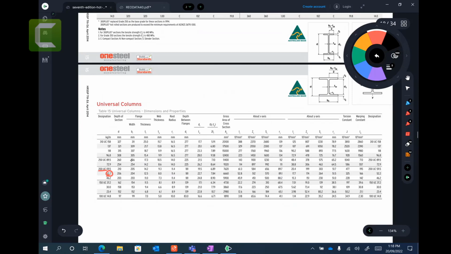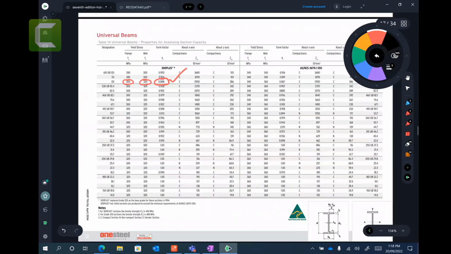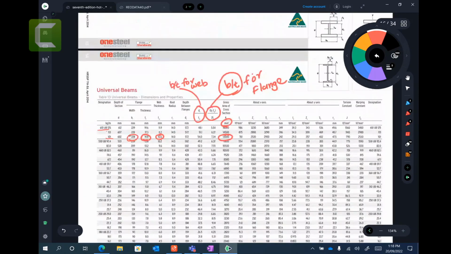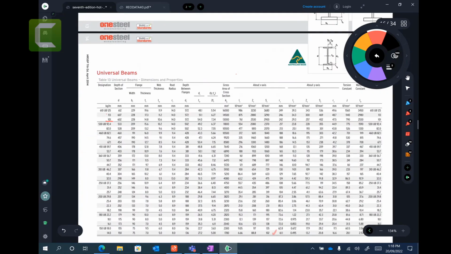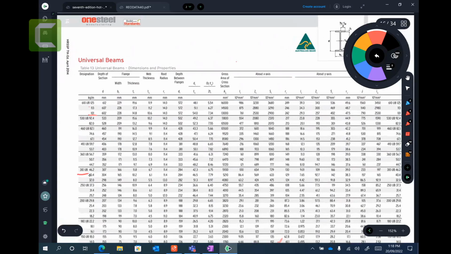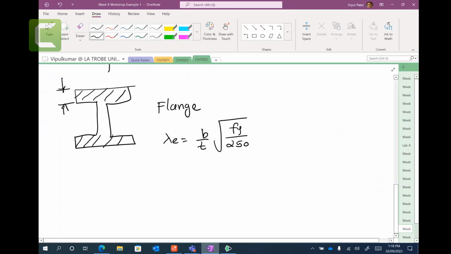UB, which one? 310. Yep, 310 UB 32. You with me? And in that one, the thickness of the flange is 8 millimeters.